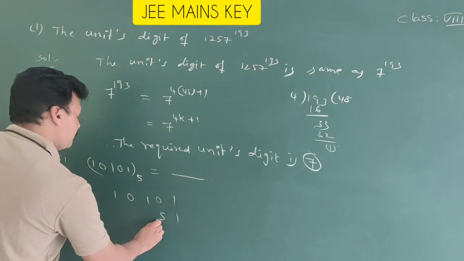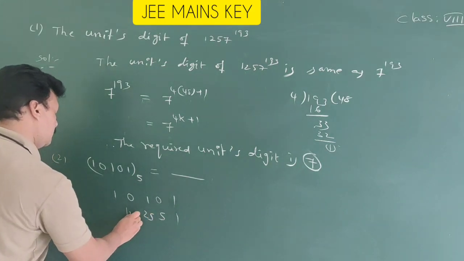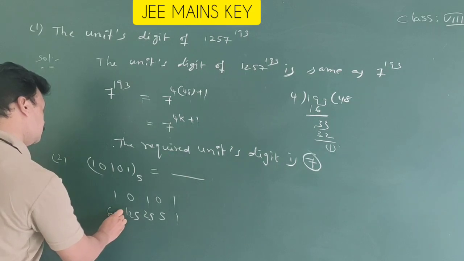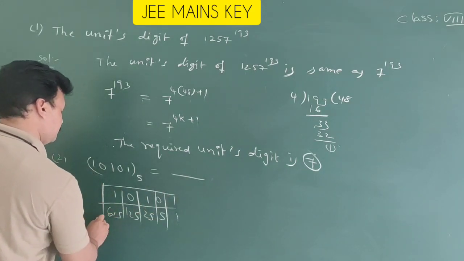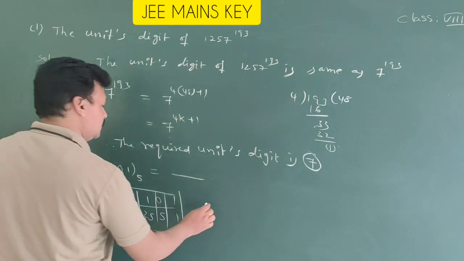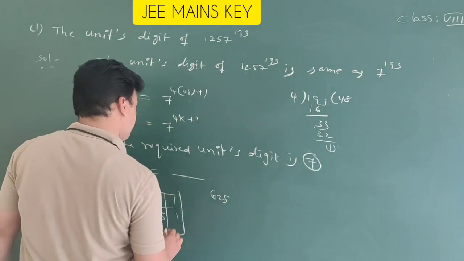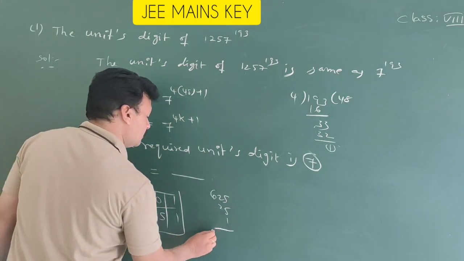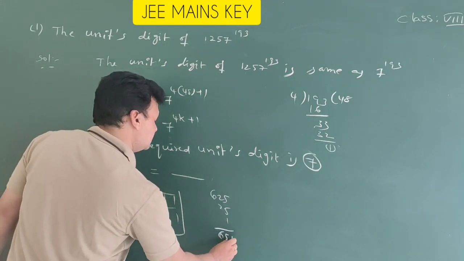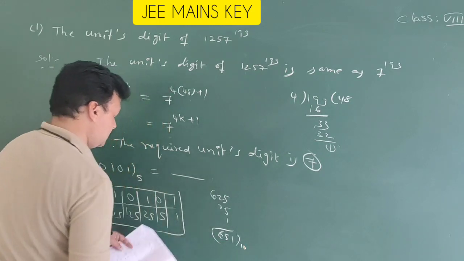The place values are 1, 5, 25, 125, 625. So here the number is 625, plus 1 into 25, which is 25, plus 1, giving 651 to the base 10.